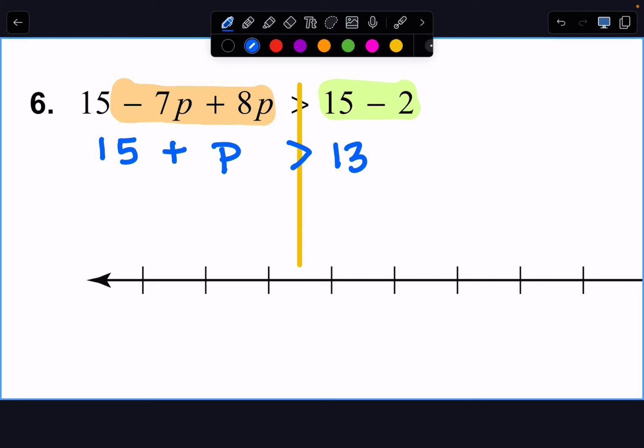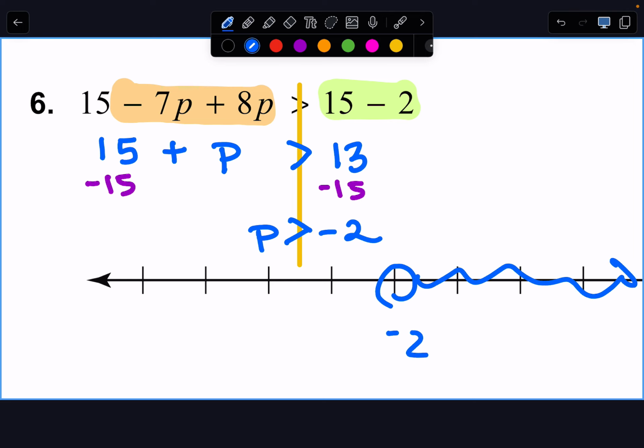Tinley, what do we do next? Now, stay with me. Now we can minus 15, so p is greater than negative 2. Are we okay with that?